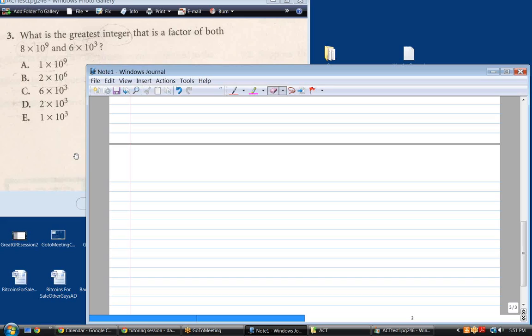So what's the greatest integer that is a factor of both of those numbers? In other words, what is the greatest common factor? GCF, greatest common factor. If I wrote just these 2 numbers, what would the greatest common factor be? 2.